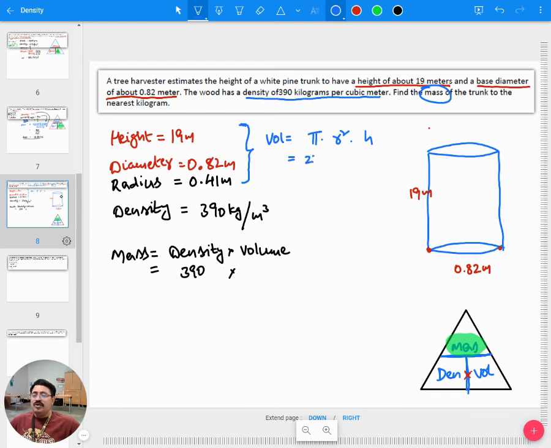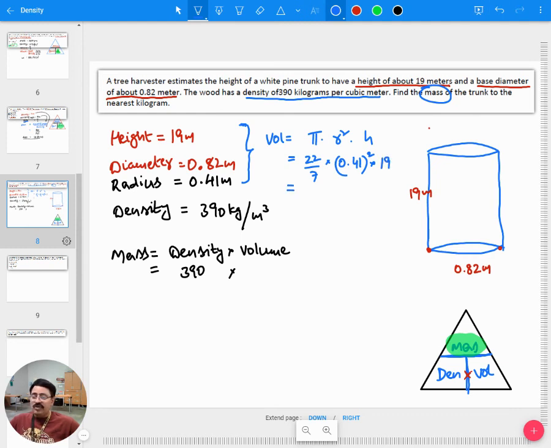So pi is 22 over 7 or maybe 3.14. What is the radius? Just now we computed, which is 0.41, 0.41 square times. What is the height? You see that it is 19 meters, times 19.